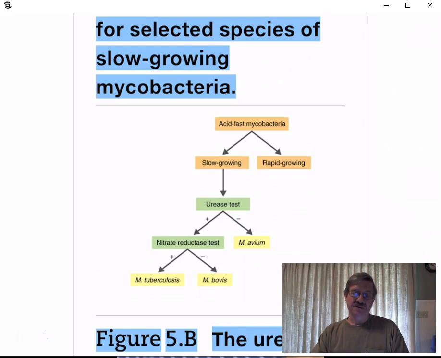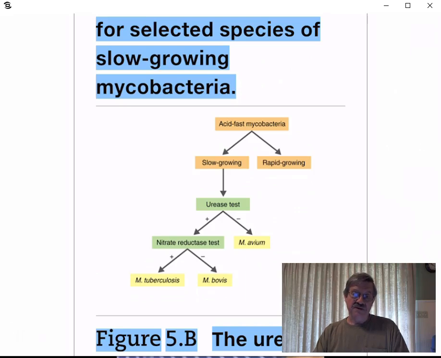Okay, among those that are slow-growing, we can use a urease test and see if it breaks down urea. If it doesn't, it's Mycobacterium avium. If it does, we can use a nitrate reductase test, and if it can reduce the nitrates, then it's the tuberculosis forming, it's the Mycobacterium tuberculosis.